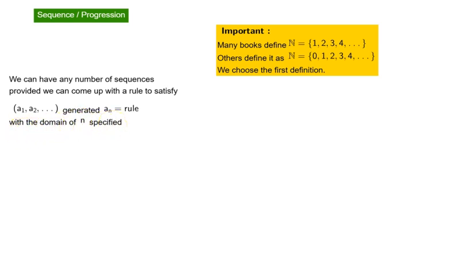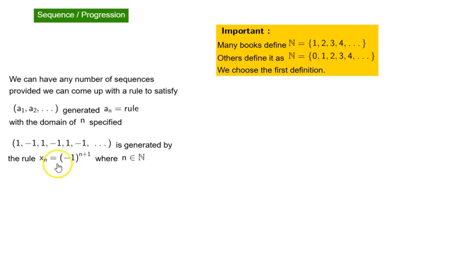So what do I mean by that? Let's say we have this sequence of numbers: 1, minus 1, 1, minus 1, 1, minus 1. Here the numbers are 1, but the signs are alternating. So we start off with a positive 1, then negative, positive, negative, positive, negative, and so on.